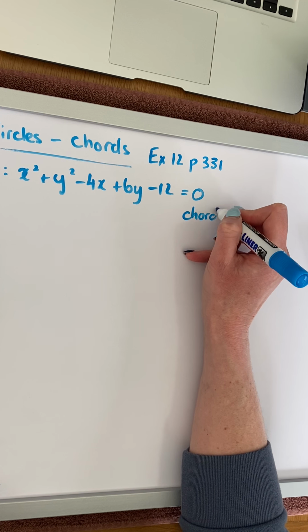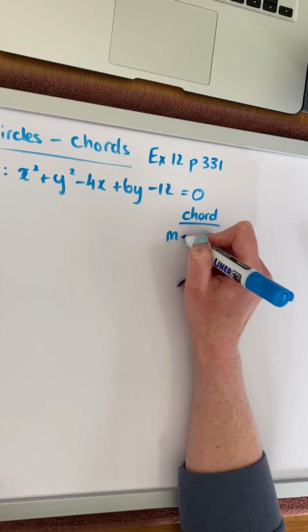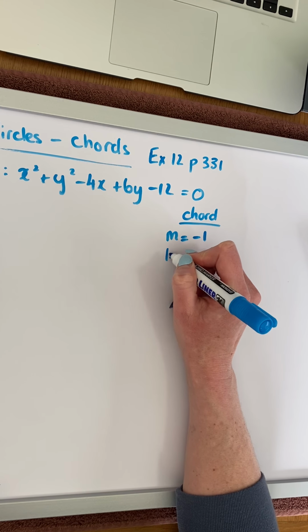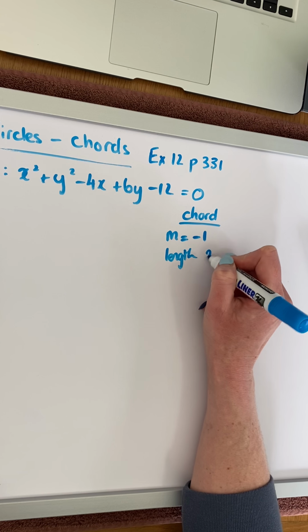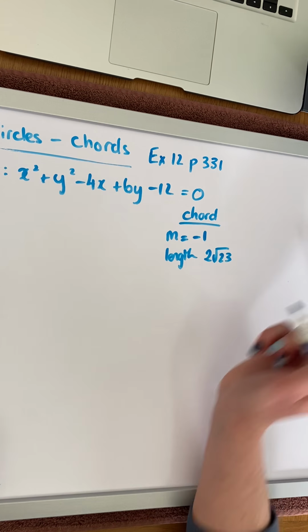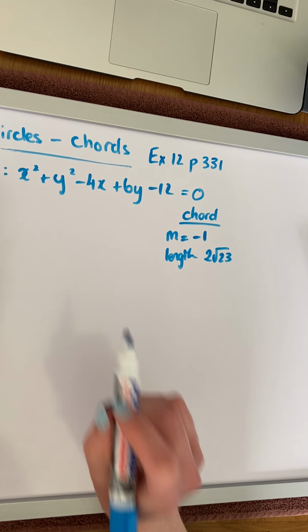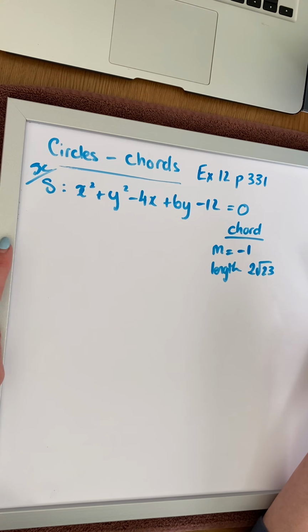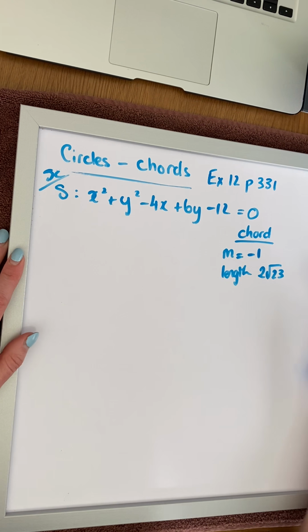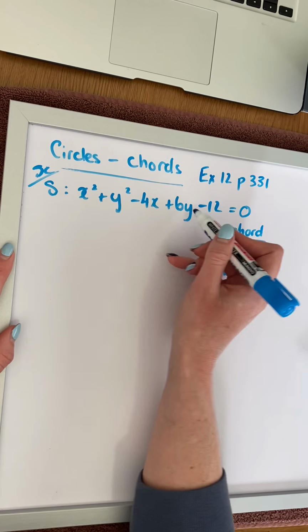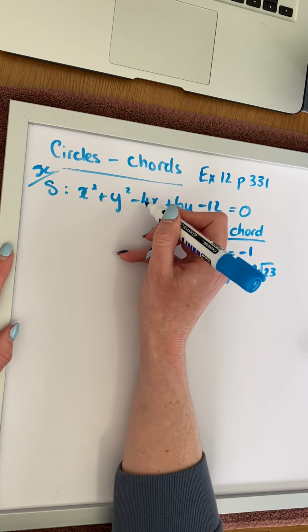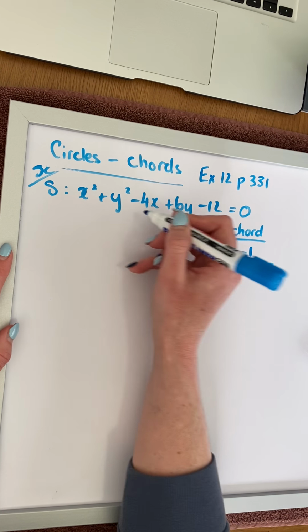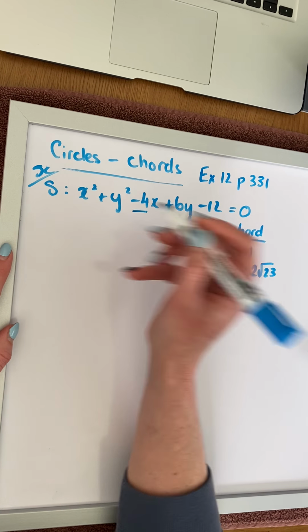So the information that we have about the chord is that the slope is -1 and that the length is 2 root 23. Okay? Again, with our circle, first thing we want to do is find the center and the radius. Because this is in the general format, we use the coefficient of x and the coefficient of y.